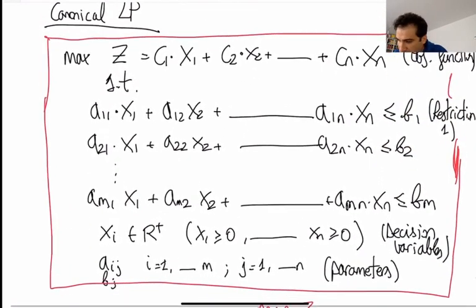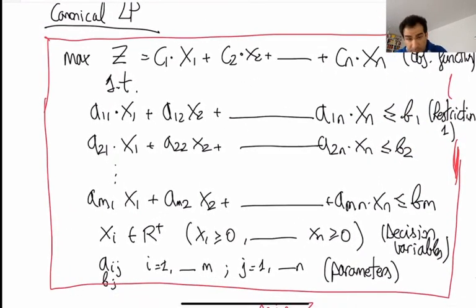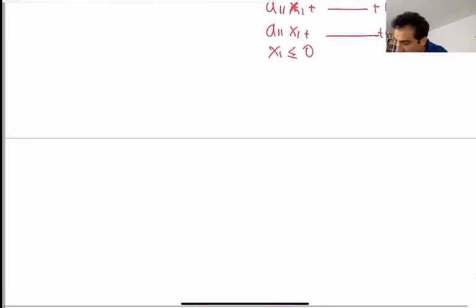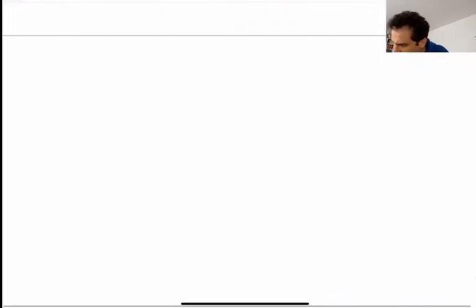If we go back to our model, you see that this can be easily transformed into the matricial format. So we can have the same formulation as follows.